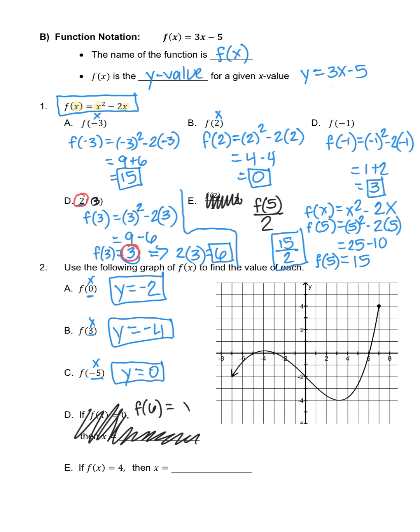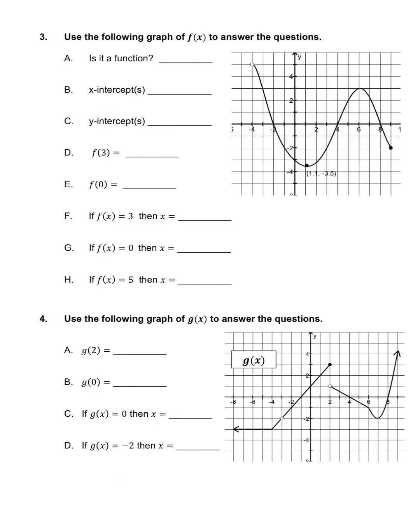Let's change the color to blue. Y equals 0 here. We can skip the last one on here because you don't have that one. Let's go to the next page. The last thing we're going to do is the last page.